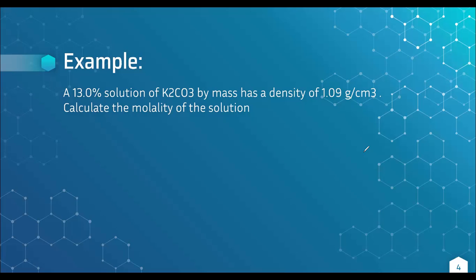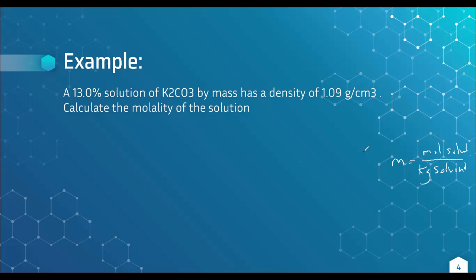Okay, so again, I'm going to write down here, we're looking for molality, and the units on molality are moles of solute per kilograms of solvent. Okay, so we need to calculate both of those.